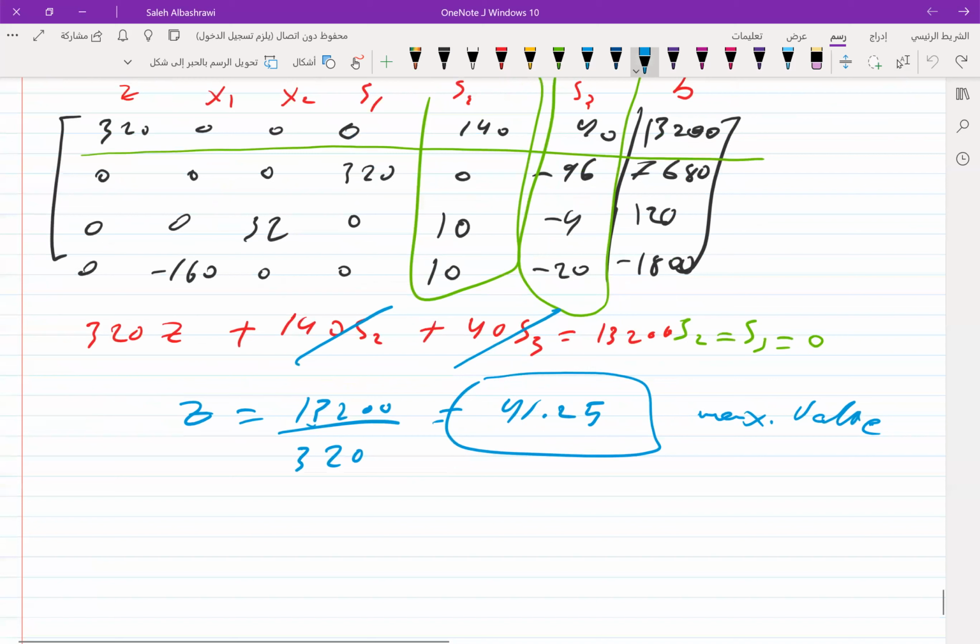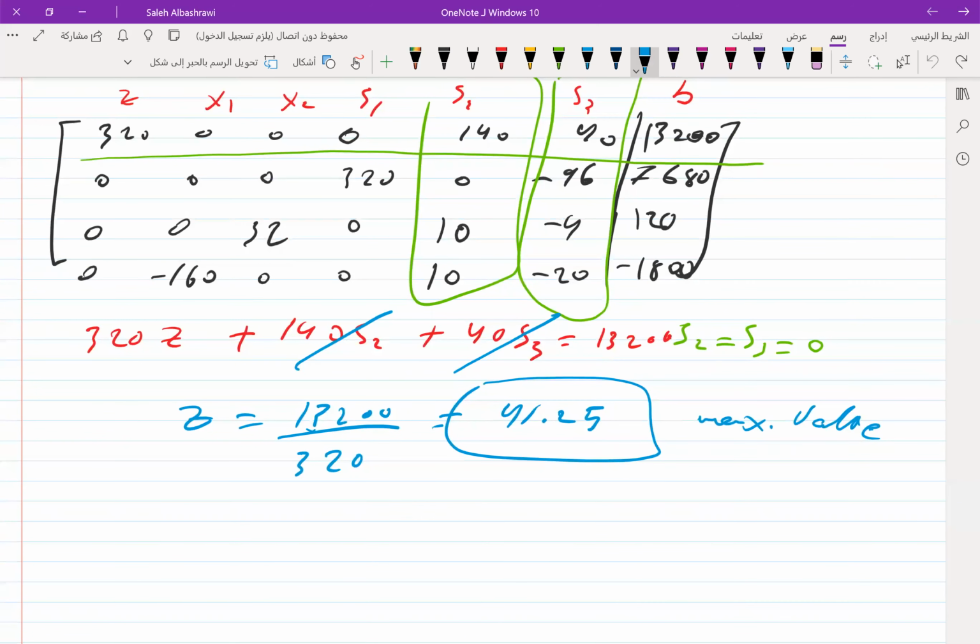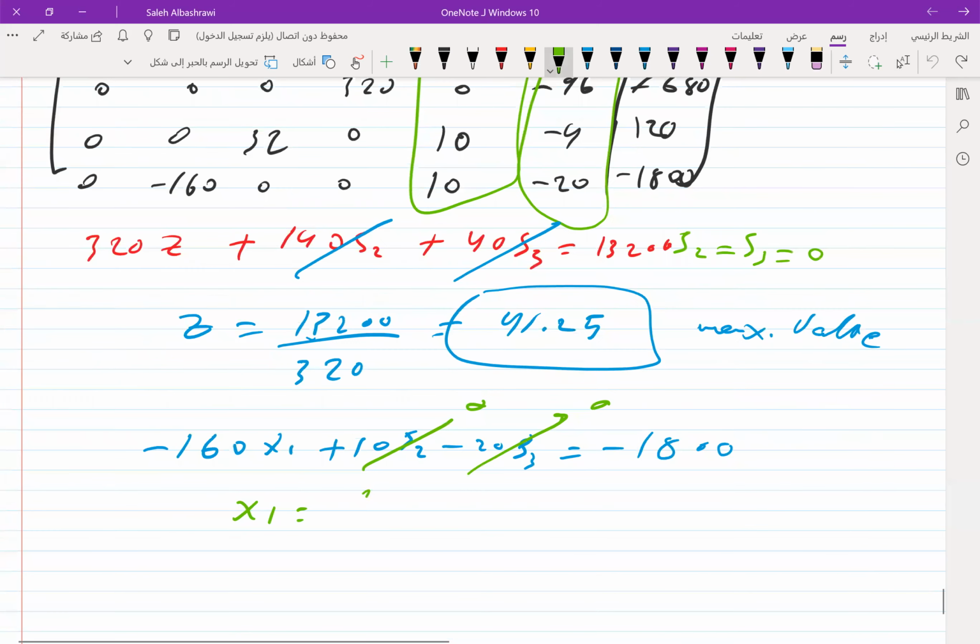To find x1 and x2, from the second column, we have minus 160 x1 plus 10 s2 minus 20 s3 equal to minus 1,800. But again, these are zeros. So x1 in this case equals 1,800 divided by 160, and that will be about 11.25.